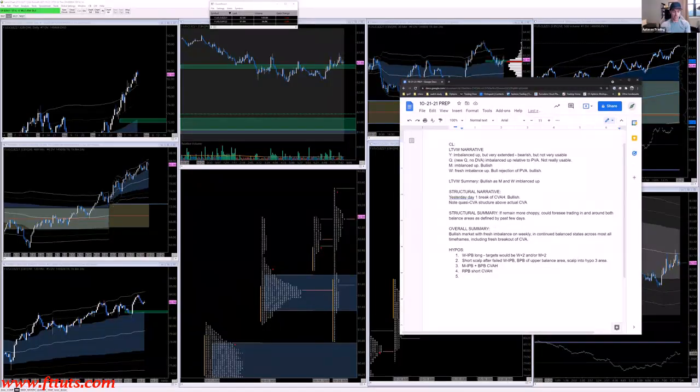So the sky is falling would be breakout pullback below CVA, monthly failed imbalance, or monthly, yeah, let's leave it at that. Monthly failed imbalance pullback, right? Going rotational. Weekly getting IB down, imbalance down.